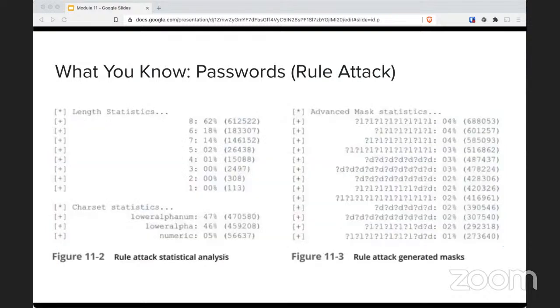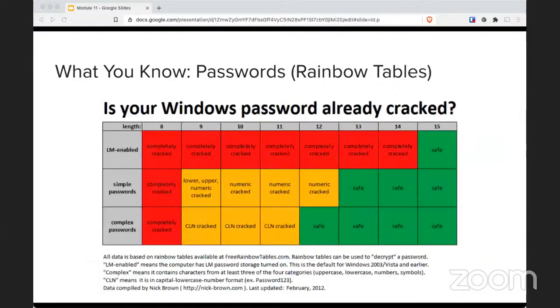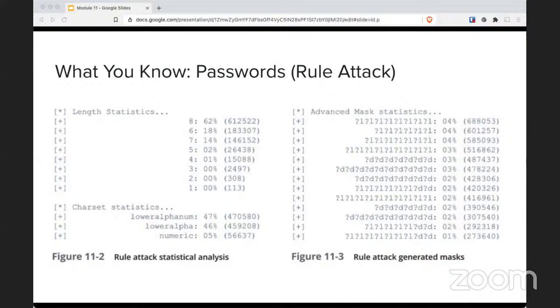A rule attack is even more focused than mask. Rule attacks conduct statistical analysis on the stolen passwords to create masks that break the largest number of passwords. And you can get access to NVIDIA cards from GCP to run things like Hashcat. Dictionary attacks create digests of common words and compare them to stolen digest files.